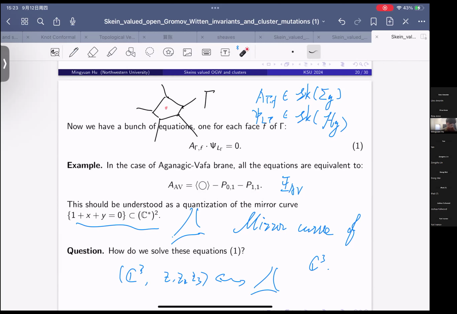So this operator will annihilate this wave function. Because whenever we have a gamma, we have a bunch of equations for this wave function, and for the Aganagic-Vafa brane, the equation we have is this one.